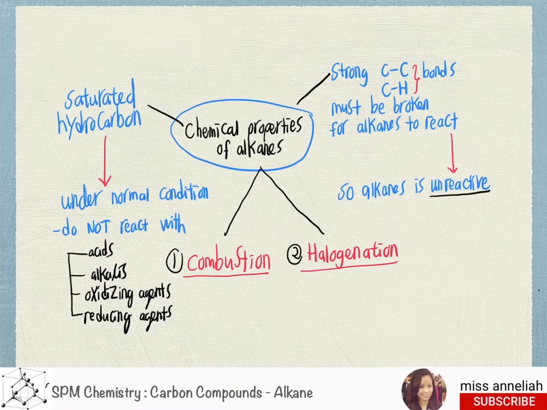Alkanes are generally unreactive. Under normal conditions, alkanes do not react with acids, alkalis, oxidizing agents, or reducing agents. We will discuss 2 main reactions of alkane, which are combustion and halogenation.